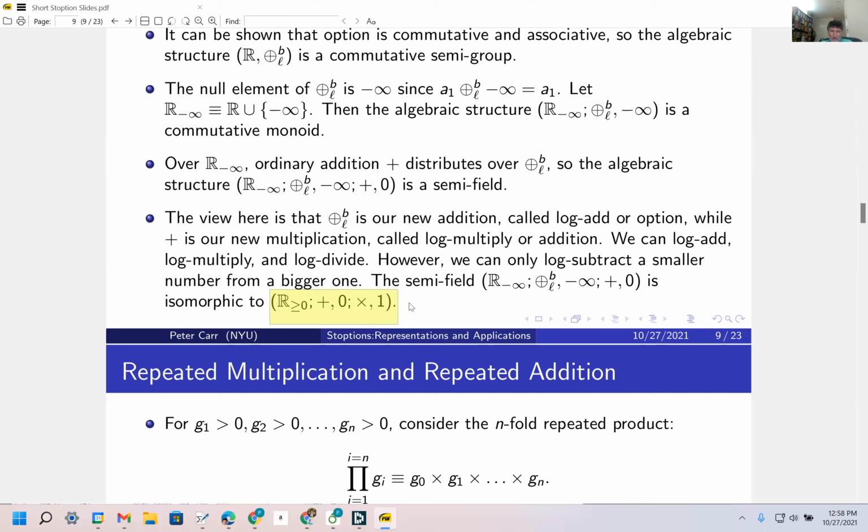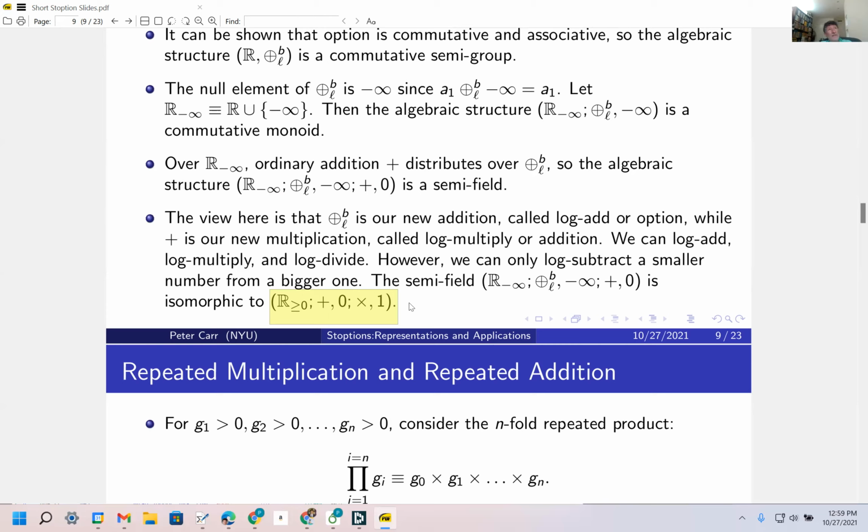but I only want to consider non-negative real numbers, then it turns out the algebraic structure you're working in is called a semifield. A concrete example is in corporate finance, where we have an equation like assets equals debt plus owner's equity. There we're thinking of assets as non-negative, debt as non-negative, and owner's equity as non-negative. And there's no issue if we want to subtract a smaller number from a bigger number.